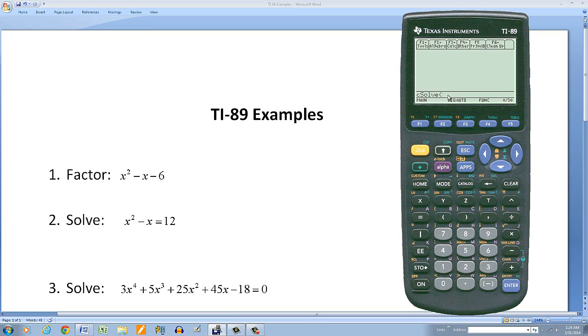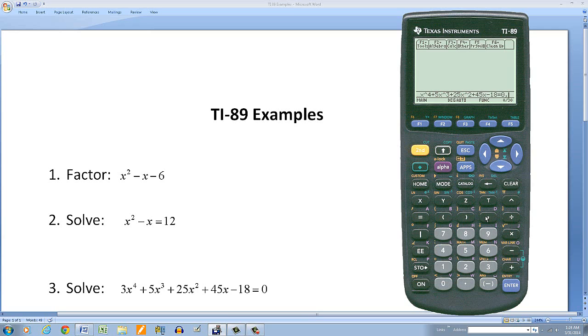Okay, so the rest of it is the same. I simply enter 3x to the 4th plus 5x to the 3rd plus 25x to the 2nd plus 45x minus 18 equals 0.